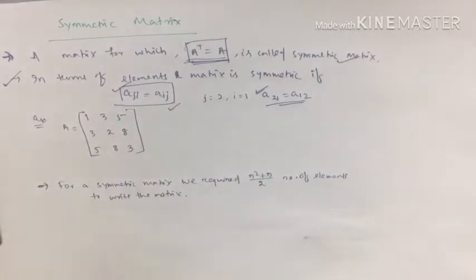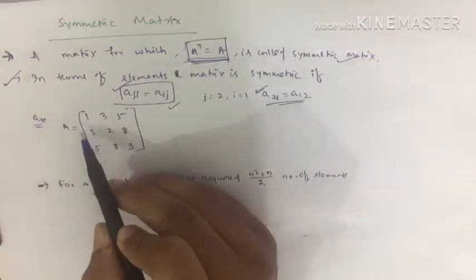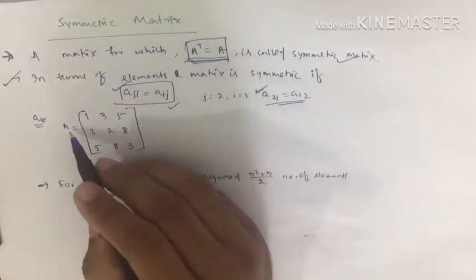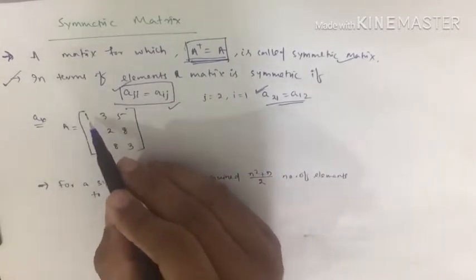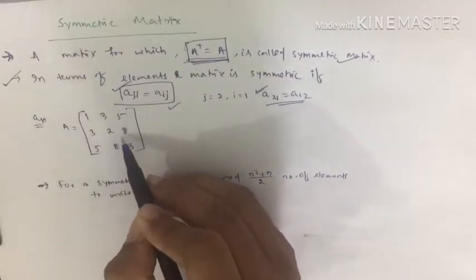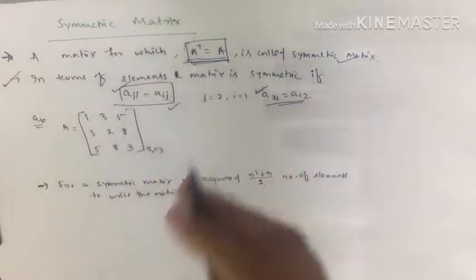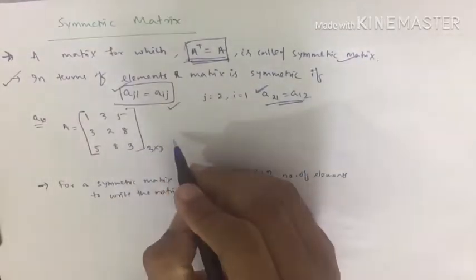So let's get into an example. A matrix A is given. It's a symmetric matrix, but how to prove it? Here A is 1, 3, 5, 3, 2, 8, 5, 8, 3, obviously a 3 cross 3 matrix. For symmetric, what you have to do? Just find A transpose.